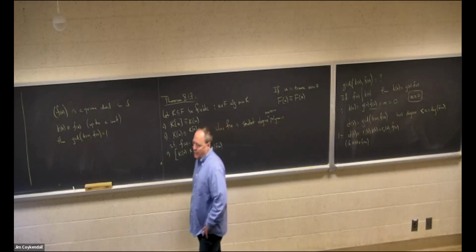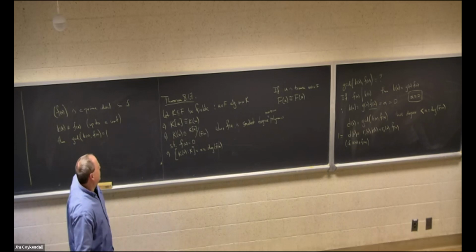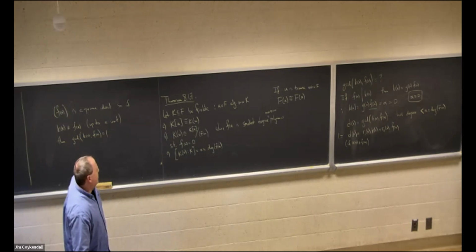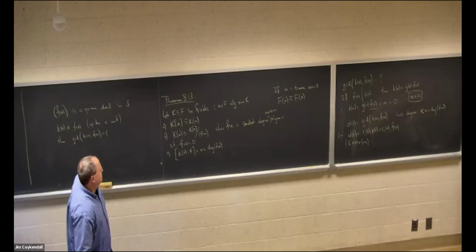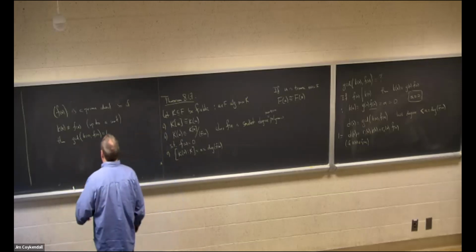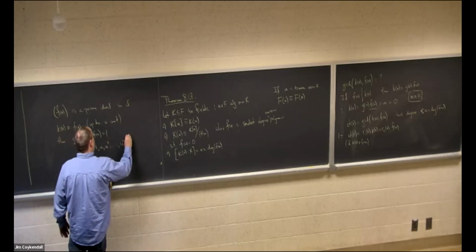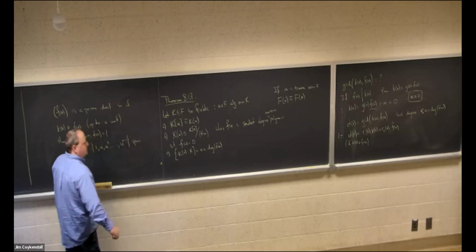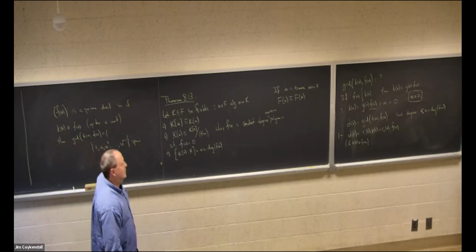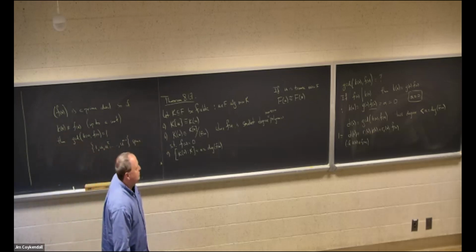How do I now use this to show that 1, u, u squared, up to u^(n-1) spans?